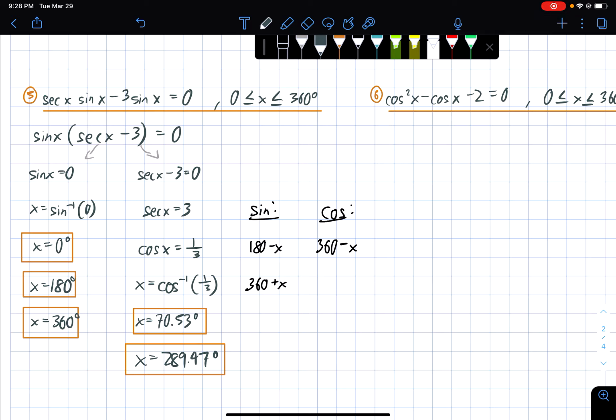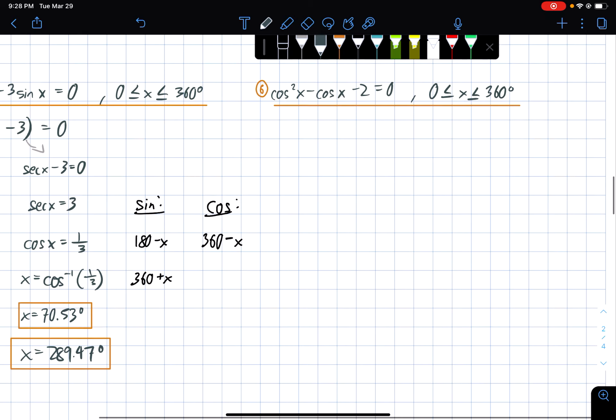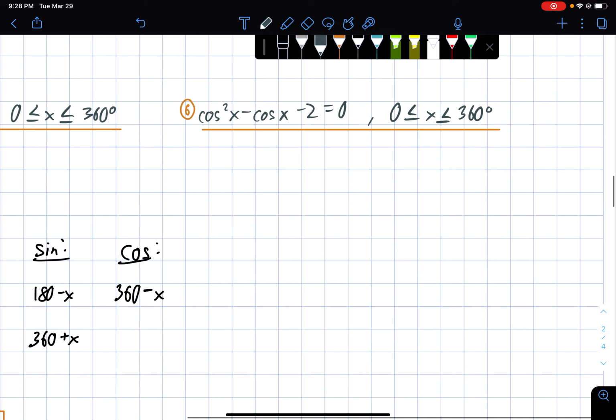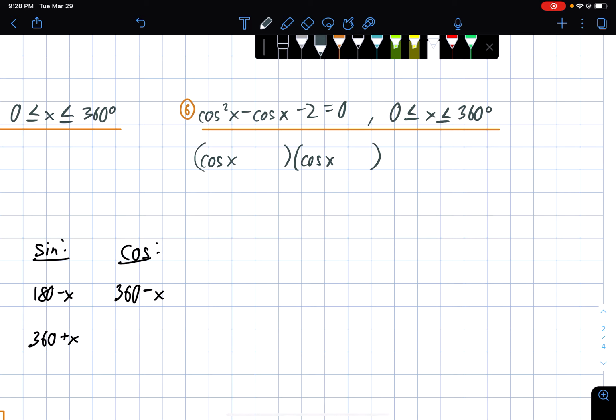Alright, let's move to number 6. Now we can use the FOIL method, the reverse FOIL method, in order to factor. We end up with something like this, and we make two equations out of it. Cos x minus 2 is 0.